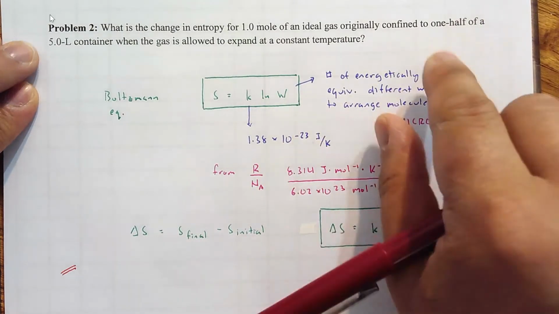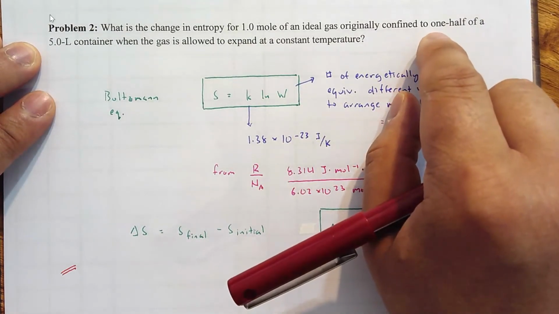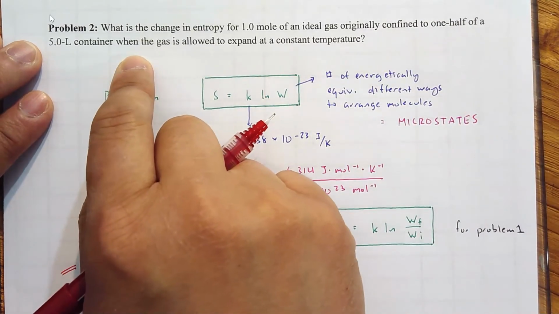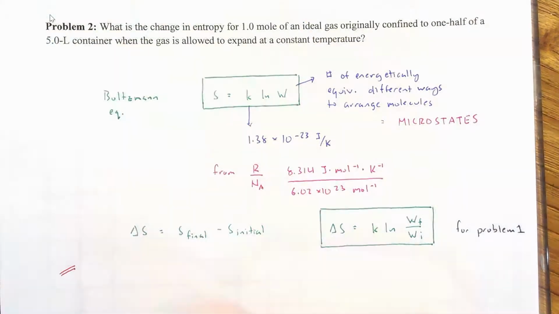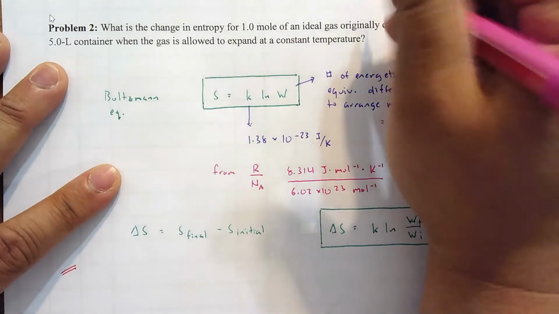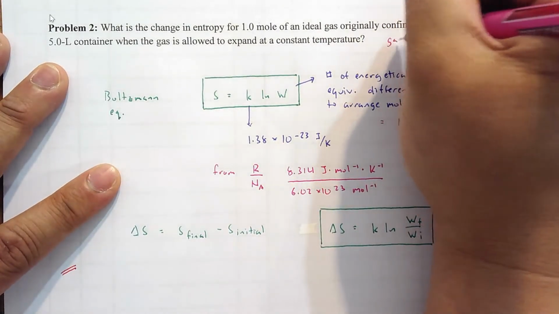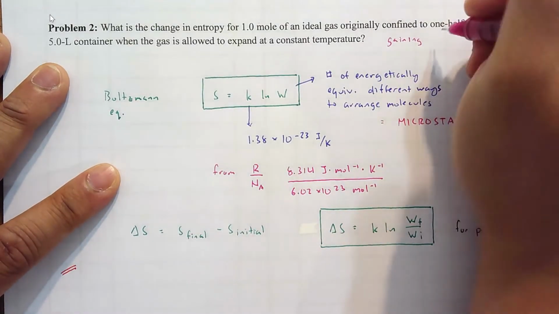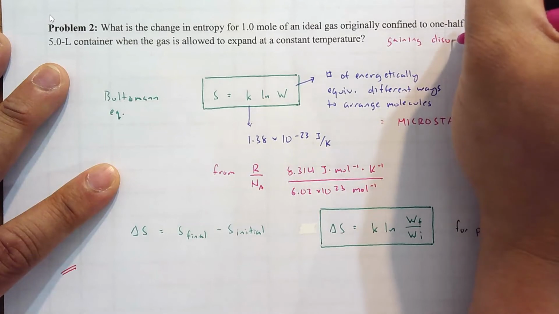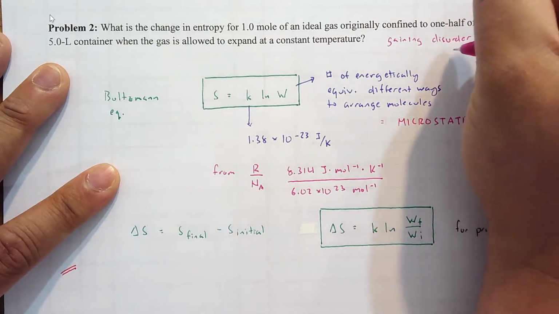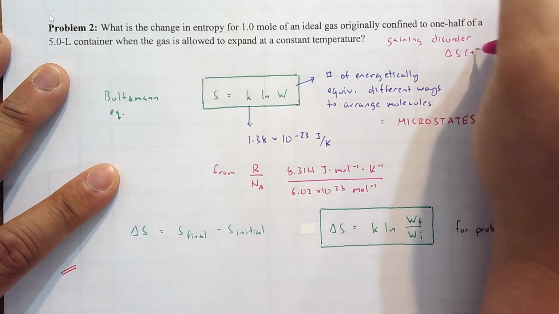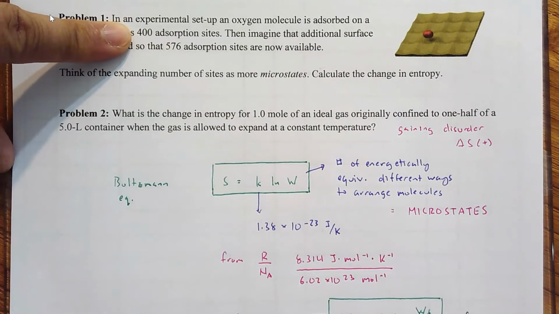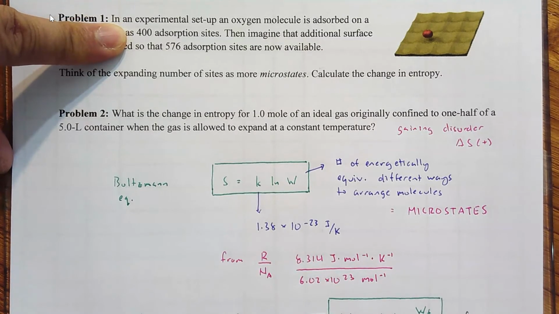Yes, it will be positive because we start out with the molecules in only one half of the container and then we let them expand. So we're gaining in disorder. It's a very good idea to know the sign of your delta S before you start a problem. You're gaining disorder, therefore delta S is going to be positive. Just like for problem number 1, delta S is going to be positive.